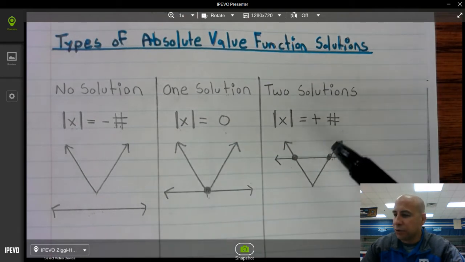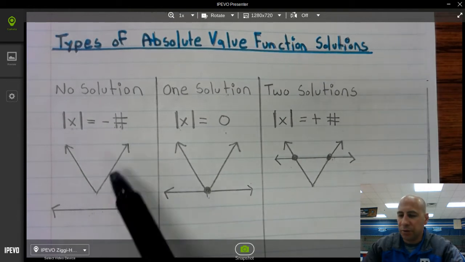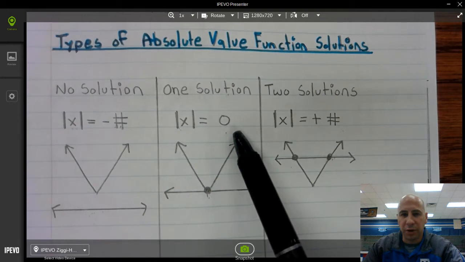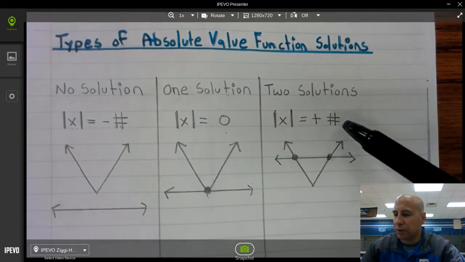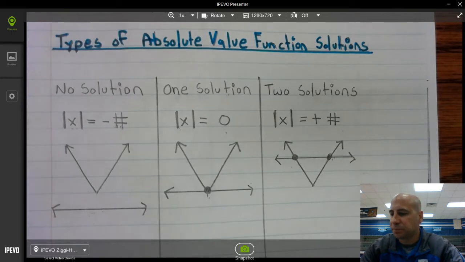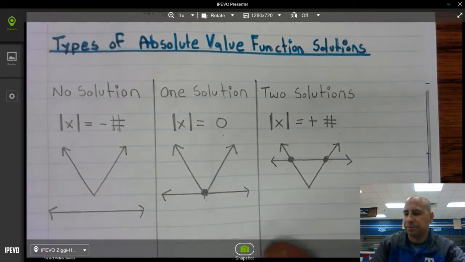And you have two solutions if the absolute value of x equals a positive number. So no solution for a negative number, one solution for 0, and two solutions for a positive number. With that, update your notes.